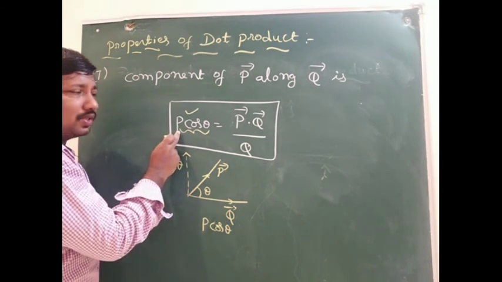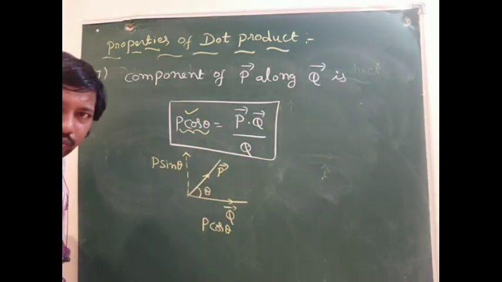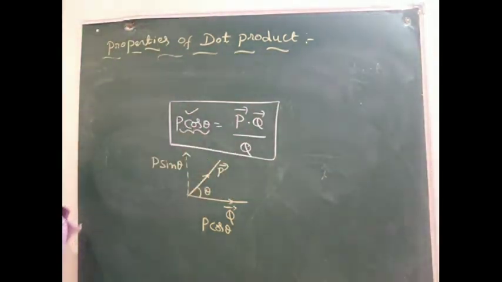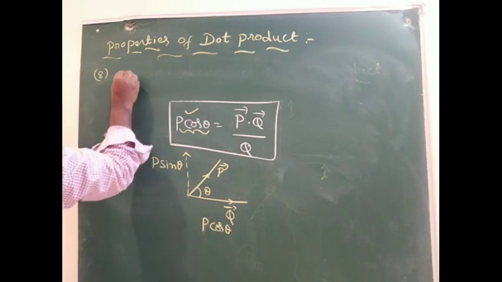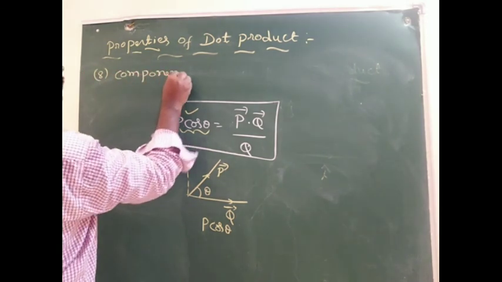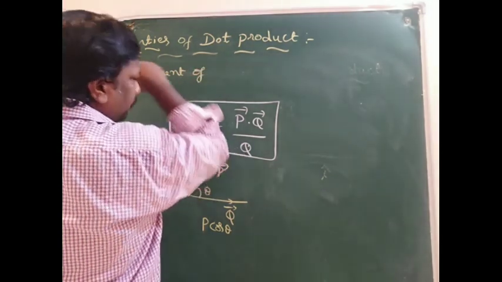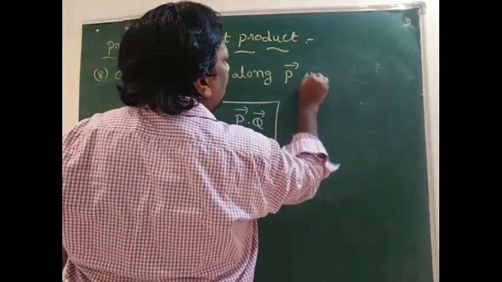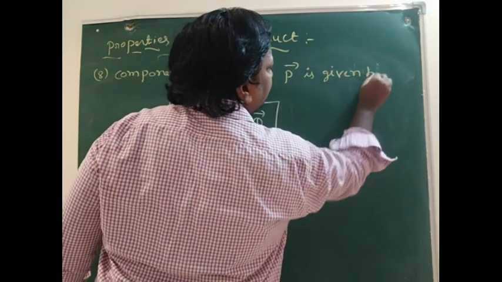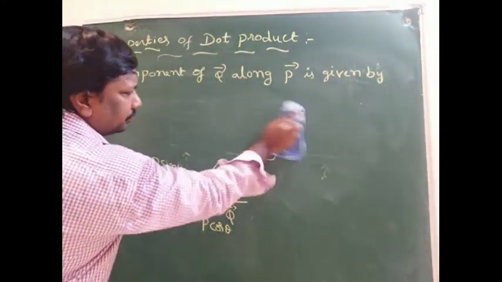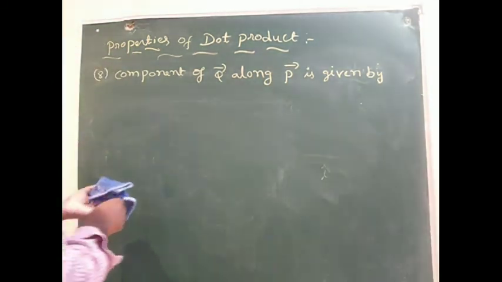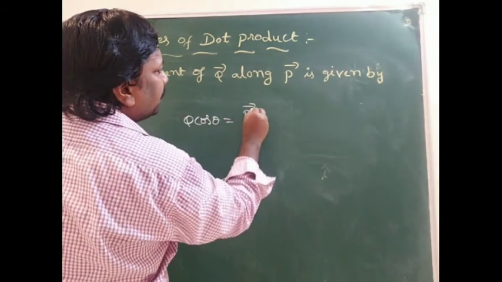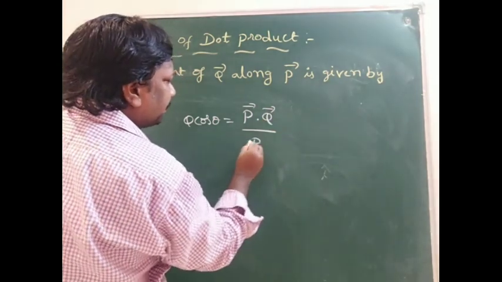We can find P cos theta equal to P bar dot Q bar by Q. So next, property number 8, that is the component of Q bar along P bar, is given by Q cos theta equal to P bar dot Q bar by P.